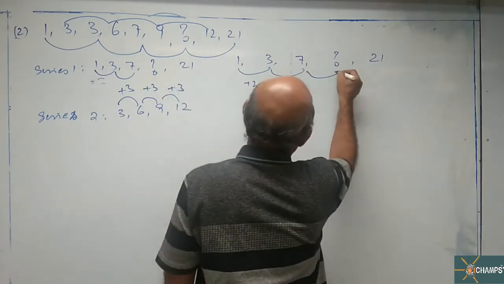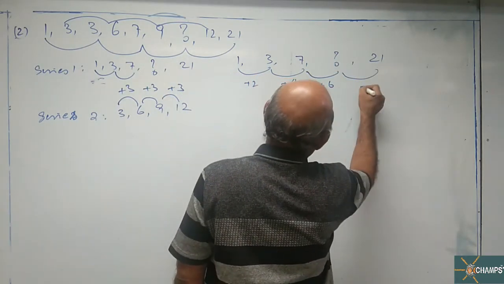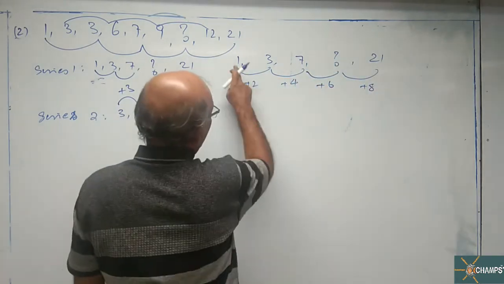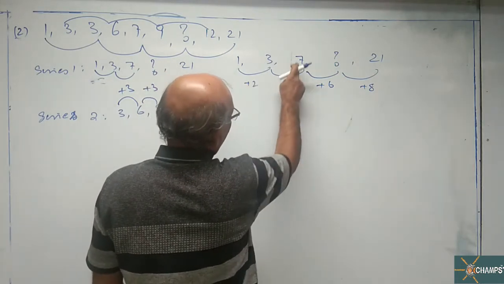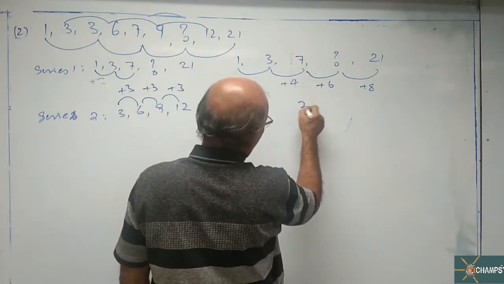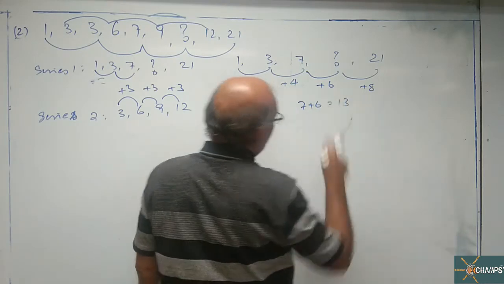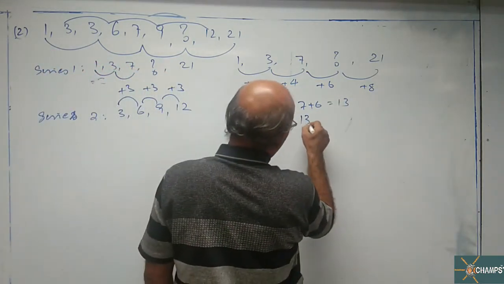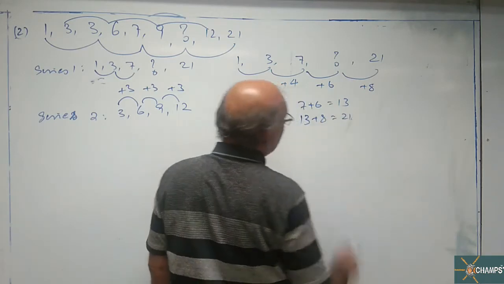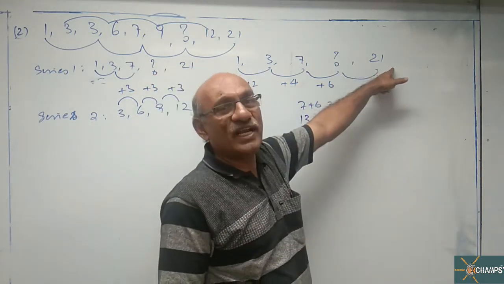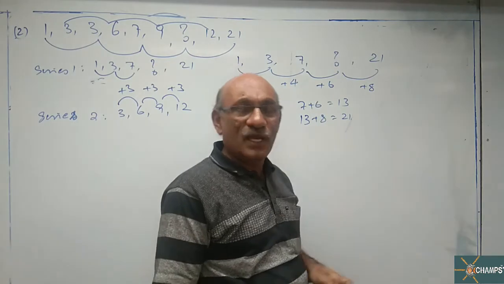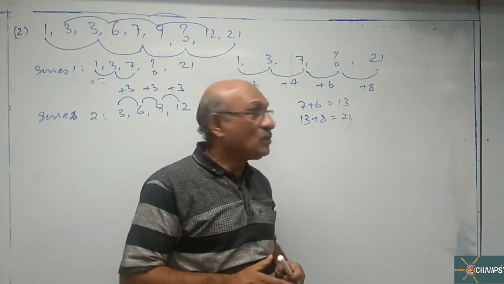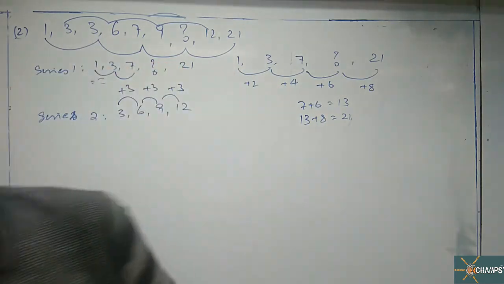So let us write, on a trial and error method, 6, 8. So 1 plus 2 is 3, 3 plus 4 is 7, then 7 plus 6 is equal to 13, and 13 plus 8 is equal to 21, sir. The next number is generated with this logic. So let me explain the concept one more time.